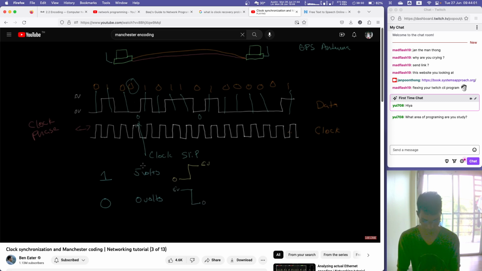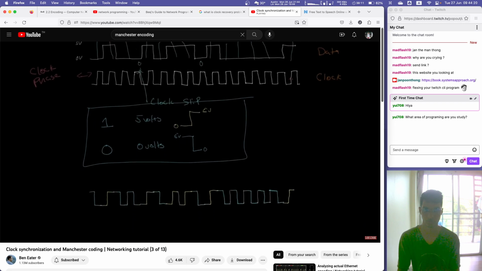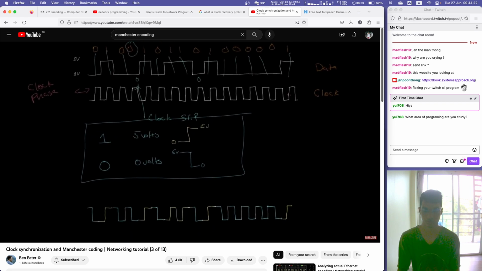Before, the symbol we were using for sending a 1 was just a 5 volt signal. Now let's try sending a transition from 0 volts to 5 volts as the symbol. Here is that same signal that we were sending up here, so we can see both of these.